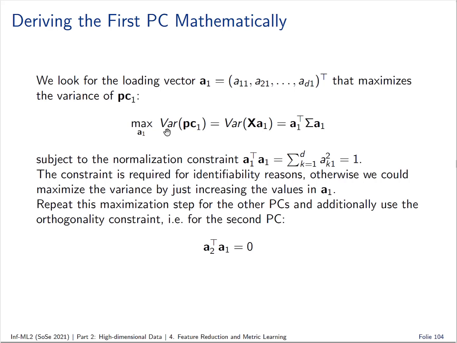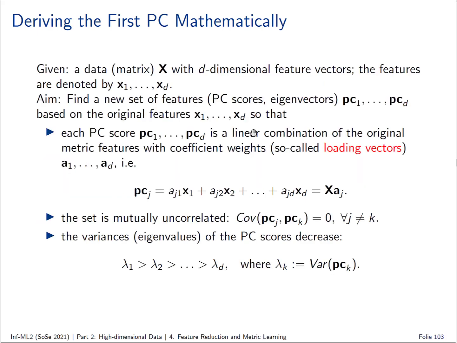So we want to maximize the variance of PC1, which is the variance of this one here. So we look for those A11, A12 up to A1d, for which this sum of the original features gives us the highest variance.